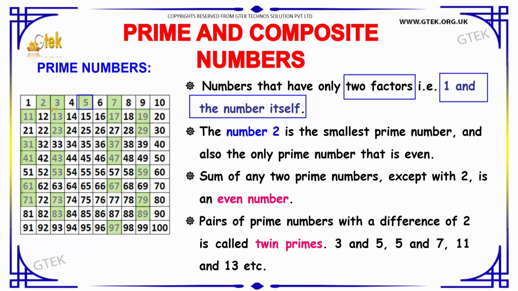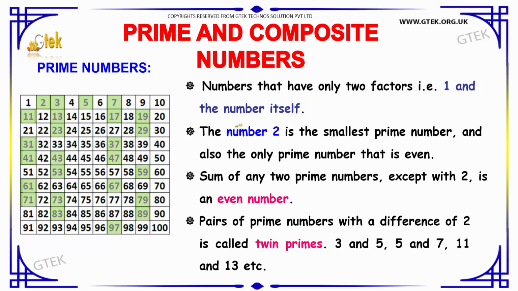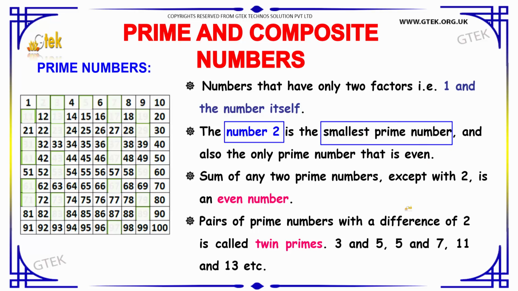It doesn't have any other factor. It is an important fact that your number 2 is the smallest prime number, and it is also the only prime number that is even. Rest of the prime numbers cannot be even.